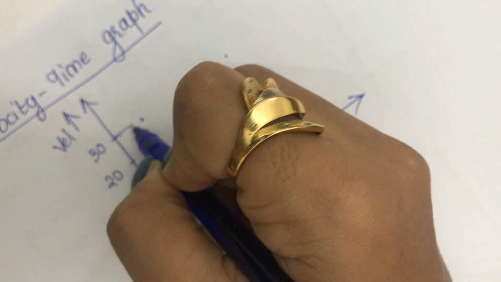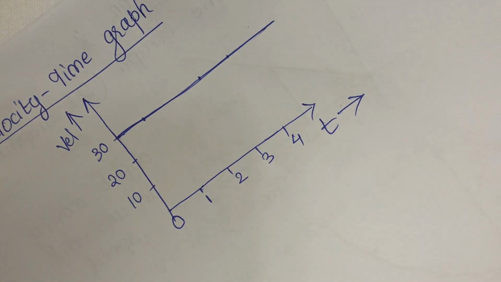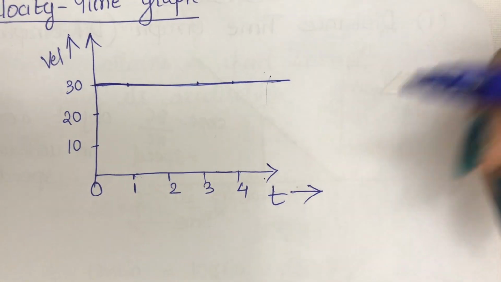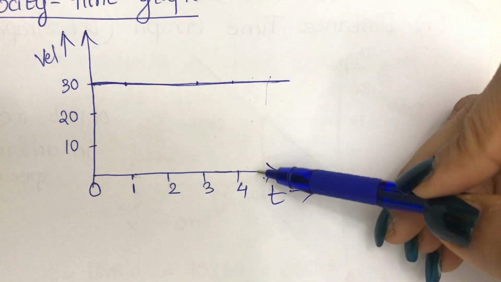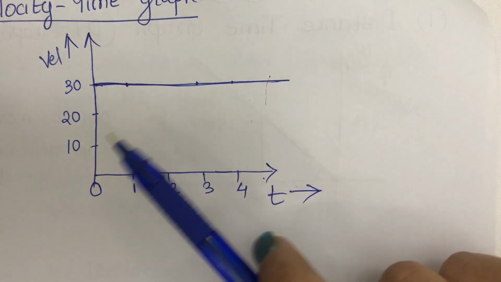My graph will be a straight line which is parallel to the time axis. What is it interpreting? If the object moves at uniform velocity, the height of the velocity-time graph will not change with time. So we get a straight line.